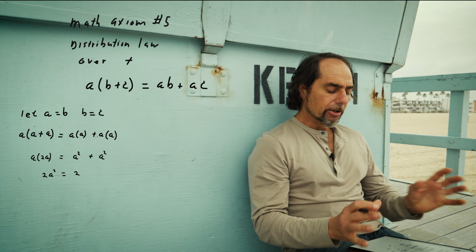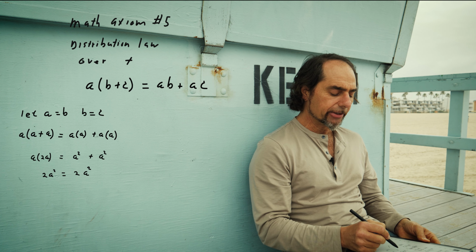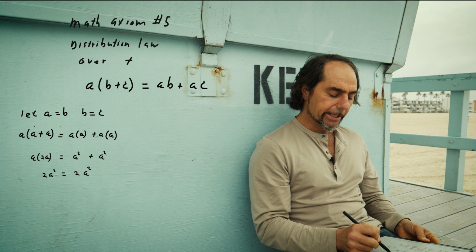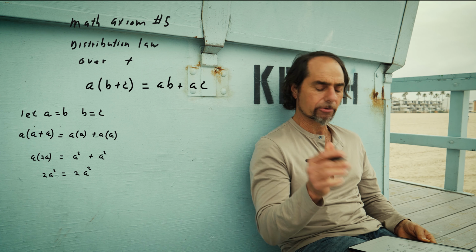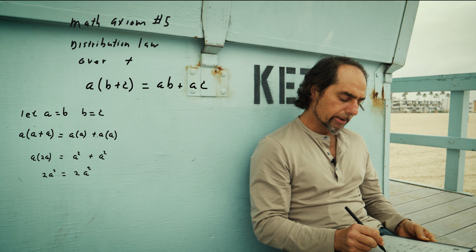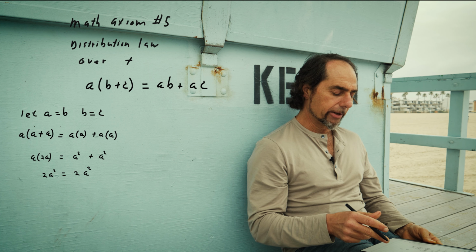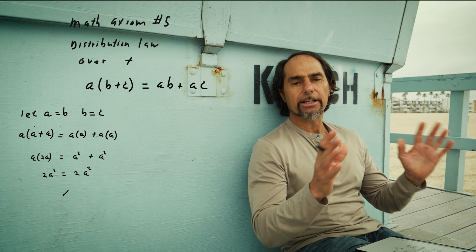In this case, we can multiply either one first. A times A, I get A squared. Plus A times A again, we get another A squared. How many A squareds do we have? A squared plus A squared is 2A squared. Look at that. 2A squared equals 2A squared, check. The distributive property holds in general.